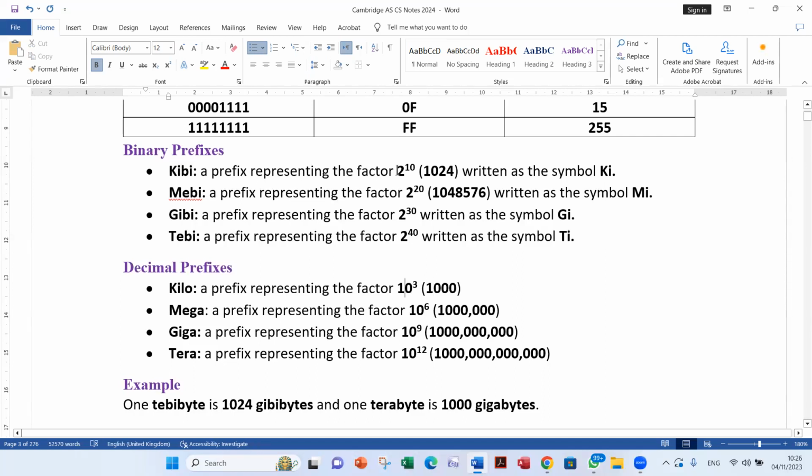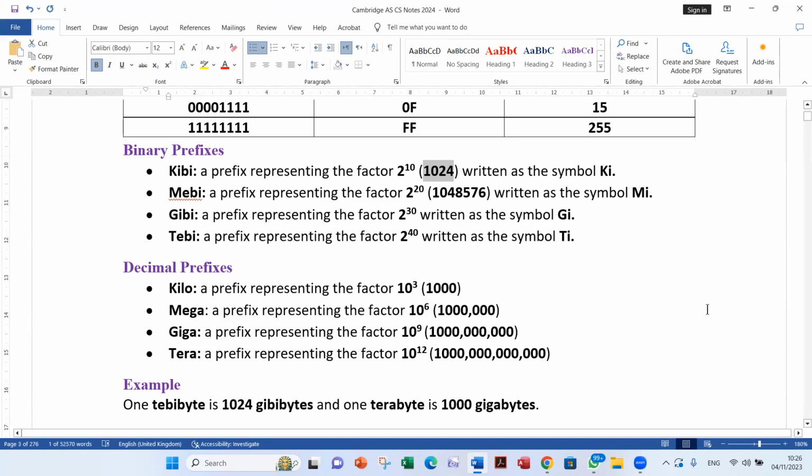However, in computer science, because we rely deeply on number 2, so kibi is 2 to the power of 10, that is 1,024. Sometimes this makes calculation even simpler, because you have factors of 2 you can omit together. Everything in computer science is based on number 2.